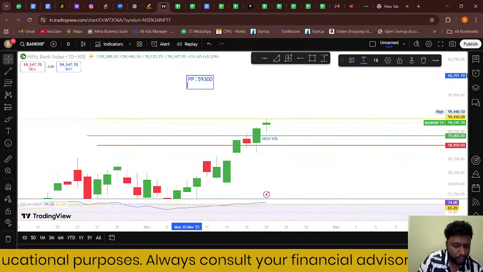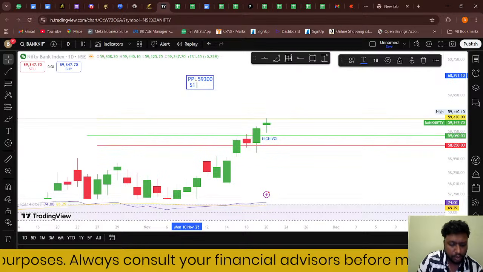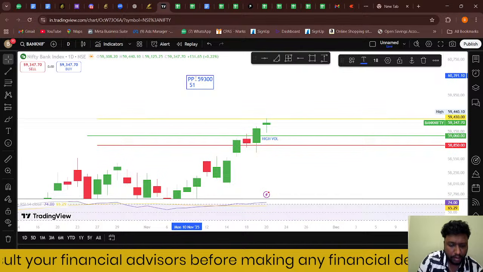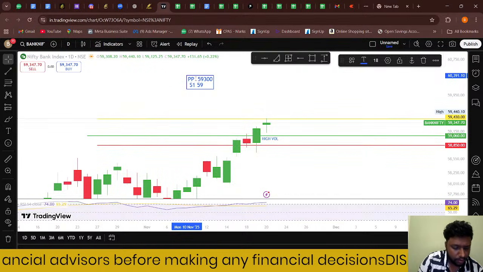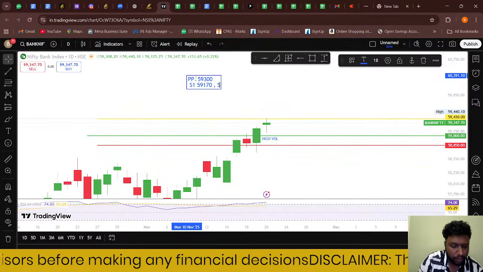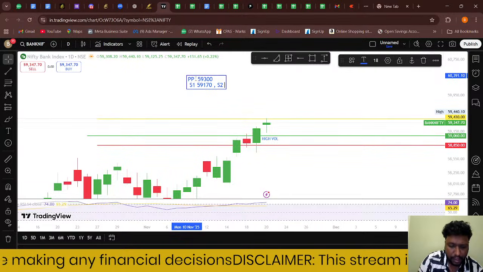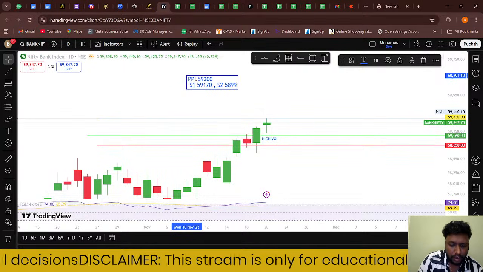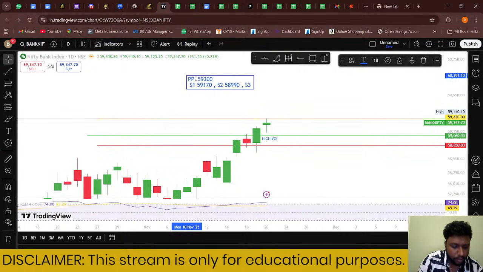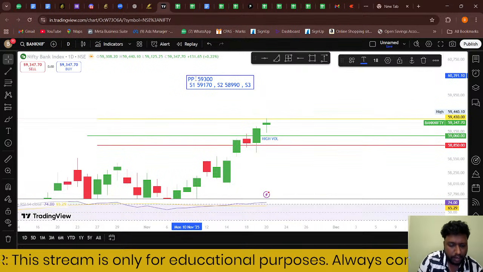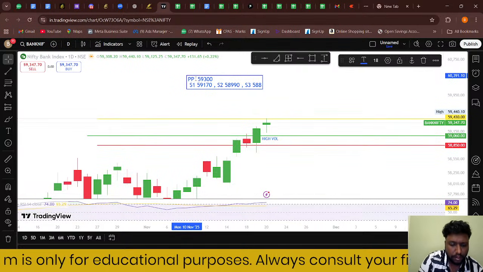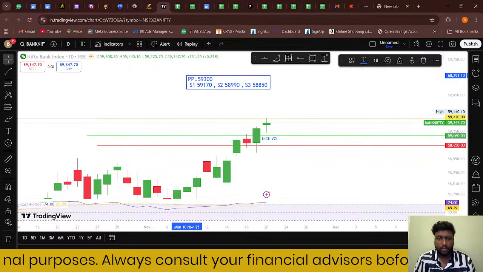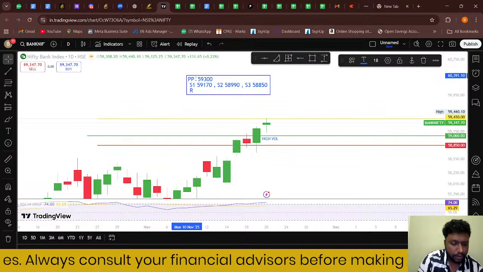The support 1 with respect to the pivot point lies at 59,170, support 2 lies at 58,990, and support 3 lies at 58,850. So these are the three support levels with respect to our pivot line.